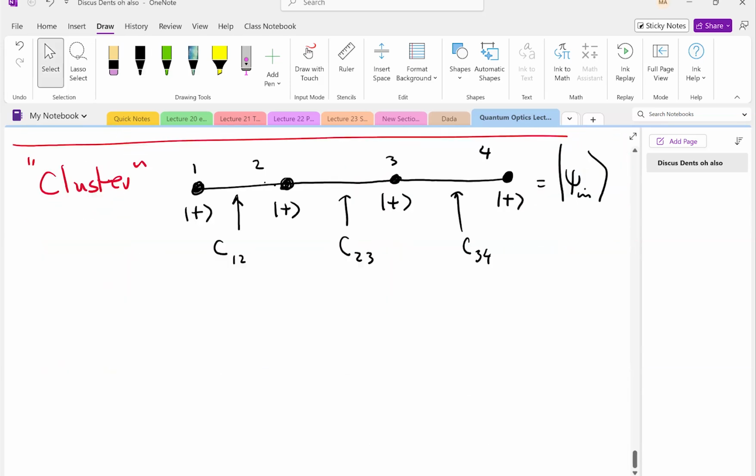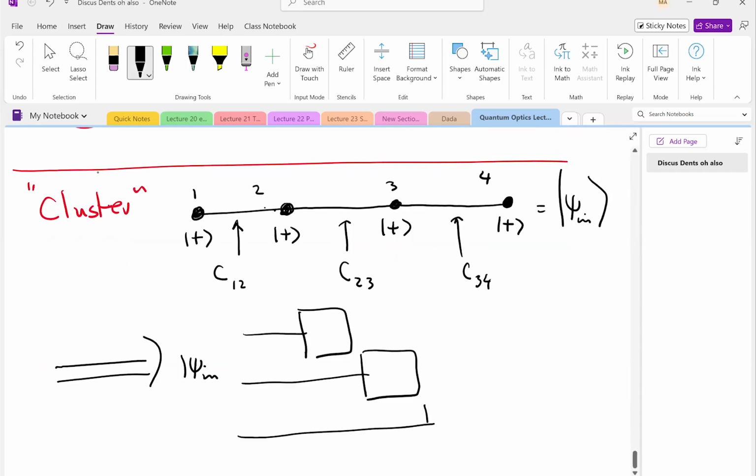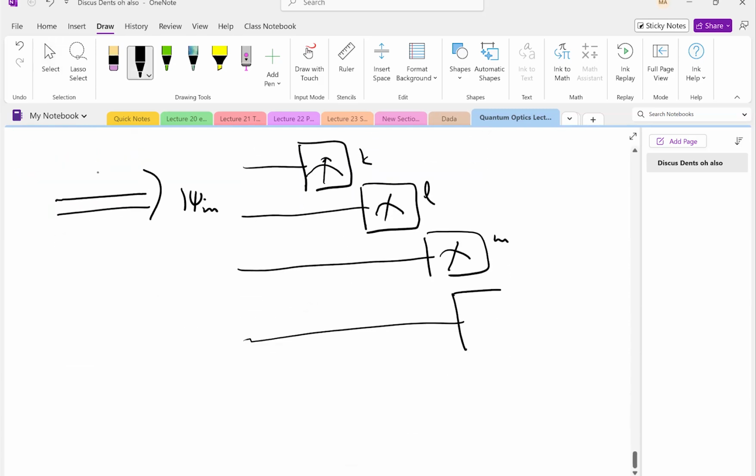I then feed this large input state into a sequence of measurements, just measurements, K, L, M, N, and so on. And I then look at the outcomes of these measurements.